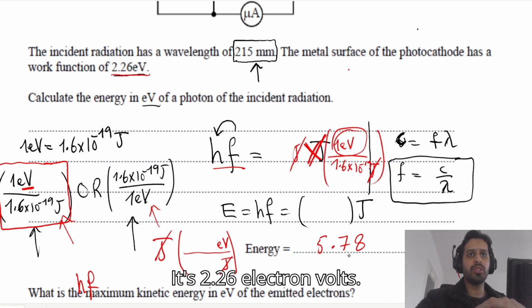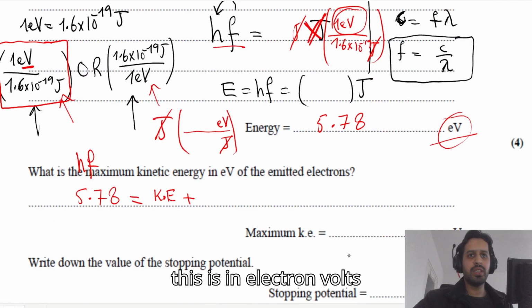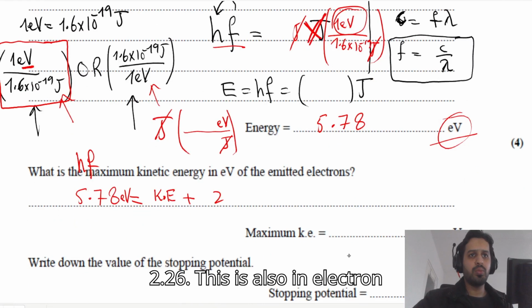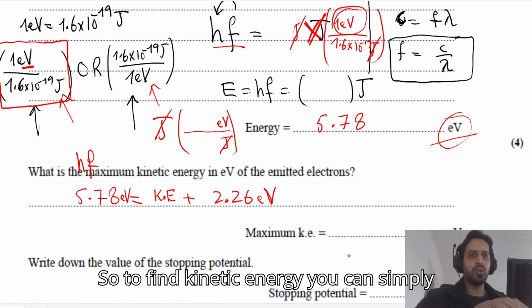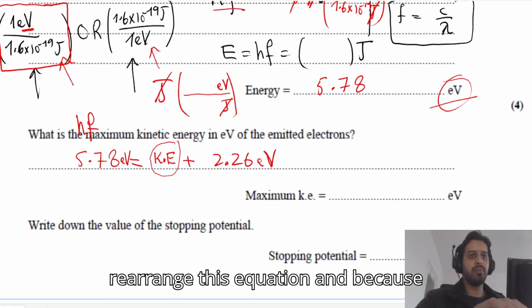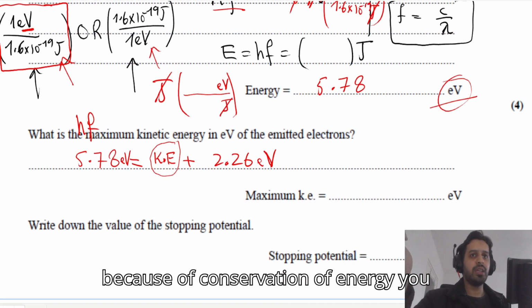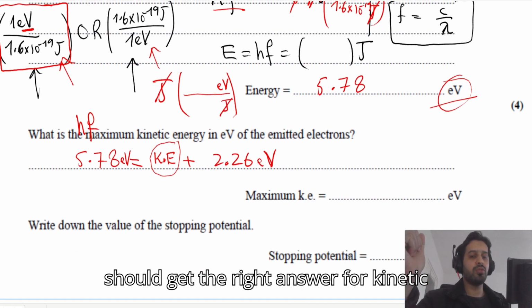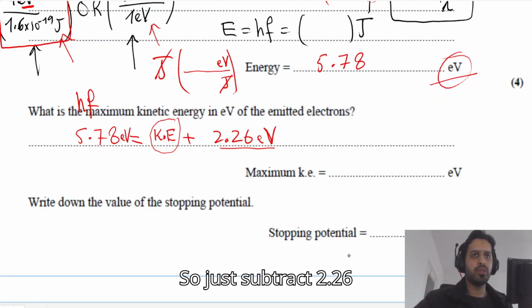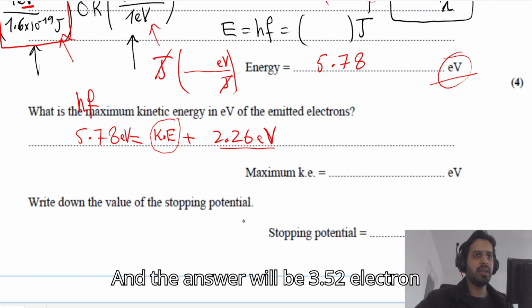It's 2.26 electron volts. So this is in electron volts, 2.26. This is also in electron volts. So to find kinetic energy, you can simply rearrange this equation, and because of conservation of energy, you should get the right answer for kinetic energy. So just subtract 2.26 from 5.78 and the answer will be 3.52 electron volts.